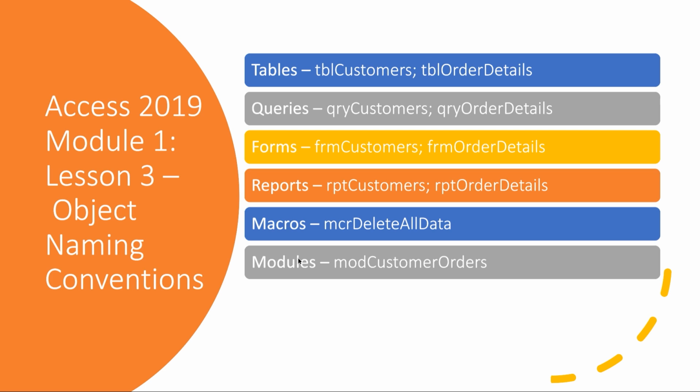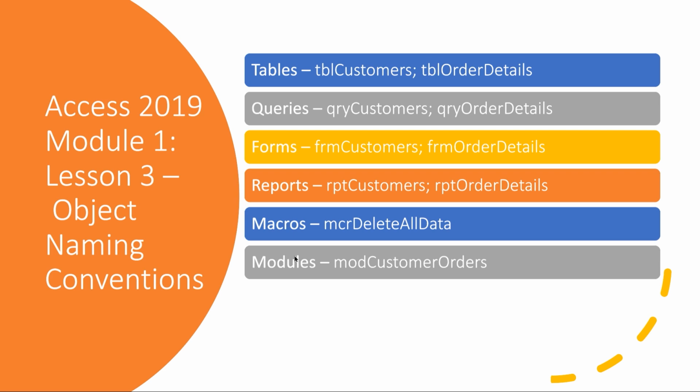TBL is the prefix that we use for tables to identify them in a database. If the table name has multiple words, you'll see the example of TBL order details, with the O and the D capitalized all mushed together. This is a standard convention that's used for naming database objects.